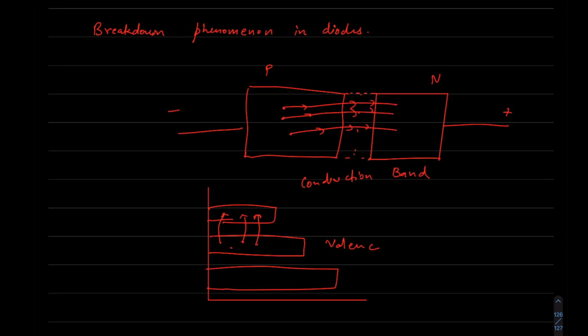Now, the other type is avalanche breakdown. In avalanche breakdown, the voltages are so high that these valence band electrons have so much speed that they collide with other atoms and electrons. They knock those electrons out as well, and then those electrons knock other electrons out.